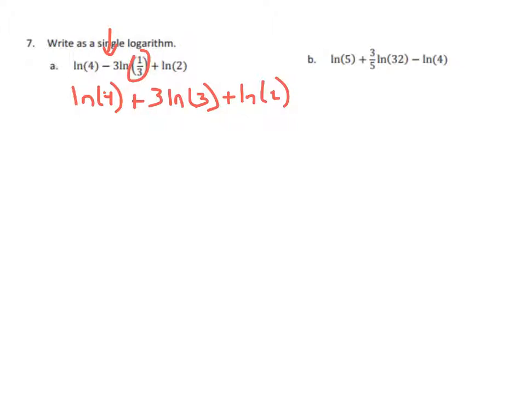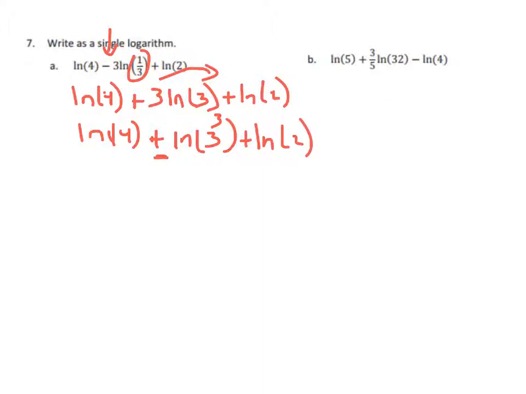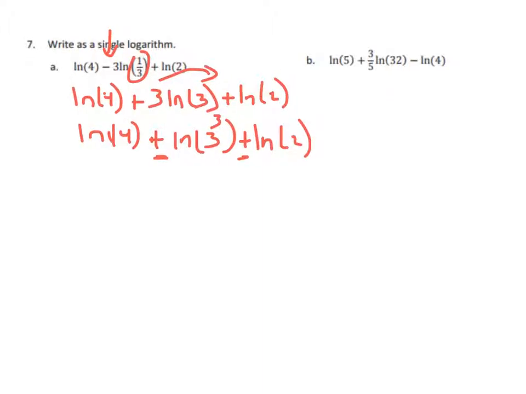Well, with the rules here, remember, you can put the 3 up front as an exponent, so that would be the natural log of 4. This is doing it the long way. You can do it quicker if you want. Plus the natural log of 3 to the 3rd power, plus the natural log of 2. And remember, adding is the same thing as multiplying.